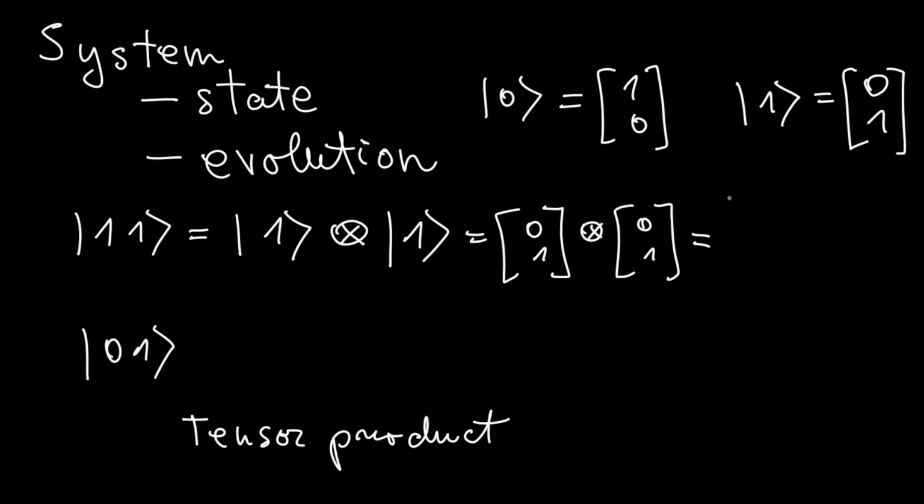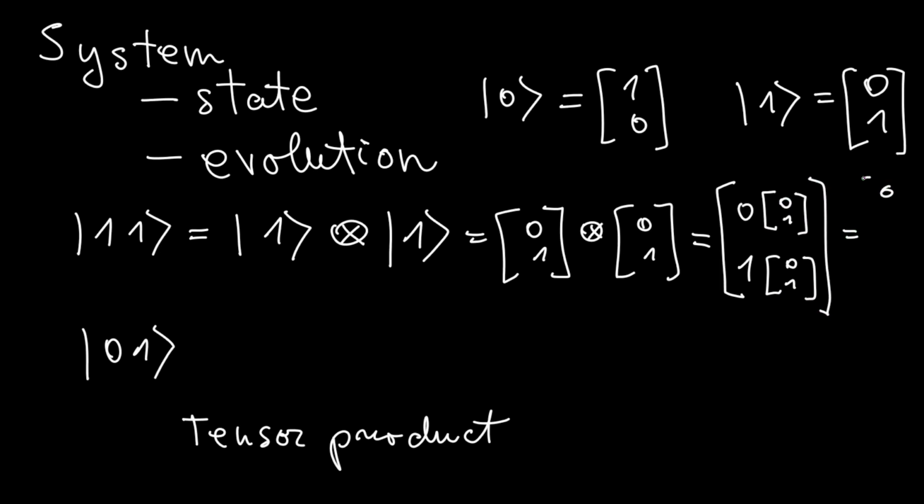What the tensor product does is pick the first vector and multiply each entry by the second vector. So this multiplied by (0, 1), this multiplied by (0, 1), and we get 0 times 0 is 0, 0 times 1 is 0, 1 times 0 is 0, 1 times 1 is 1. You can try it yourself, pause the video.